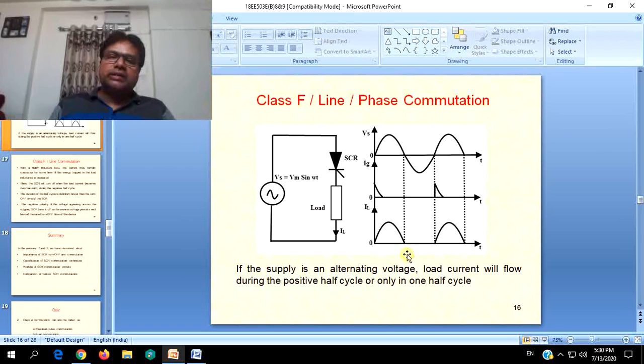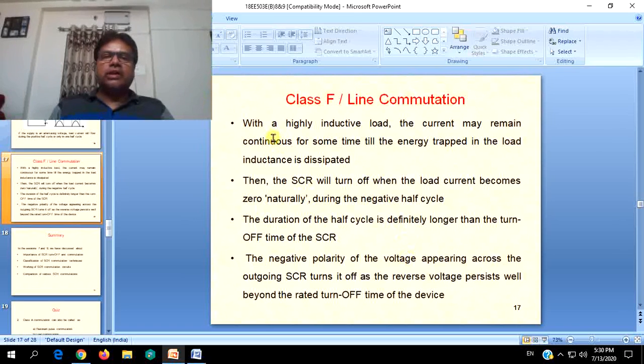So it will take certain time for turn off. With a highly inductive load, the current may remain continuous for some time till the energy trapped in the load inductance is dissipated. That is with the lagging angle.